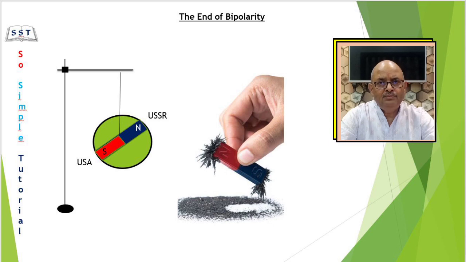Bipolarity describes the distribution of power between two states which exercise majority of economic, military, and cultural influence internationally. For example, in the period of Cold War between 1945 to 1991, most Western and capitalist states came under the influence of the US, while most communist states came under the influence of USSR.